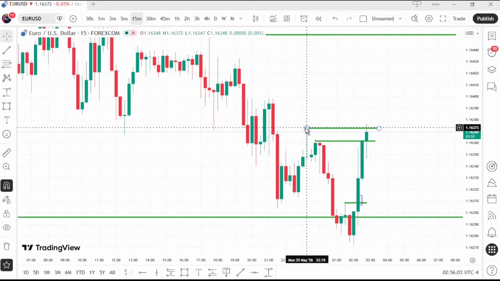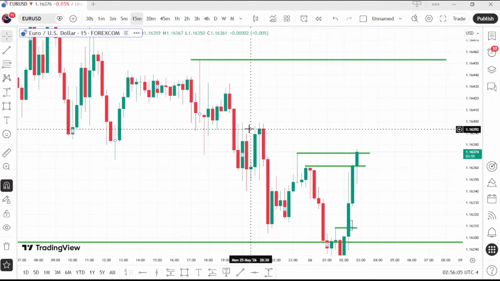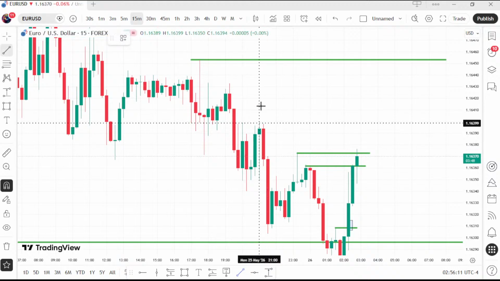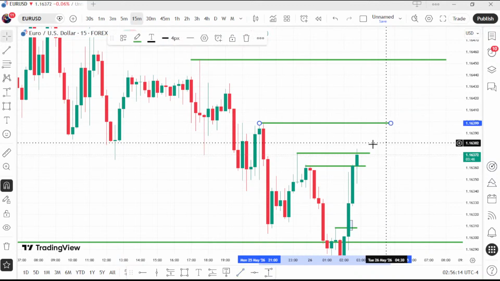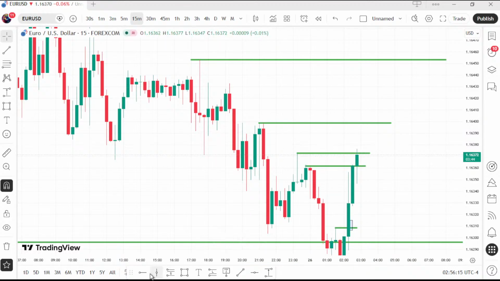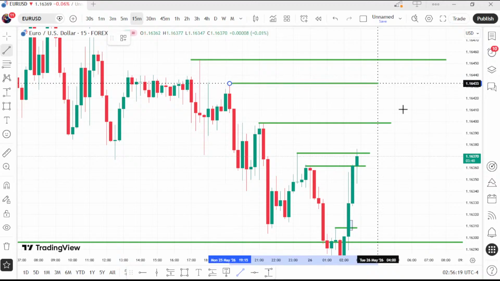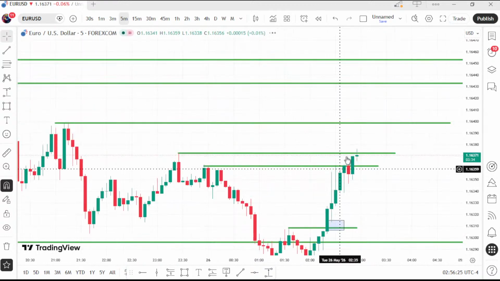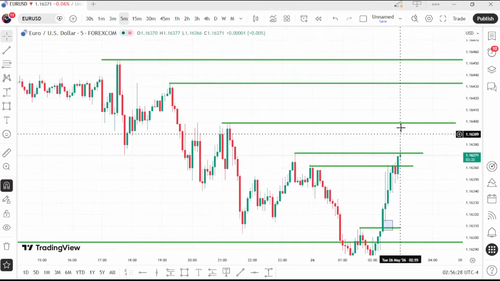See these buy side liquidity, these, yeah, 15, but I want to see also these ones. These are the best liquidity I want to work with. Price will actually be bullish. The euro, see how price is.